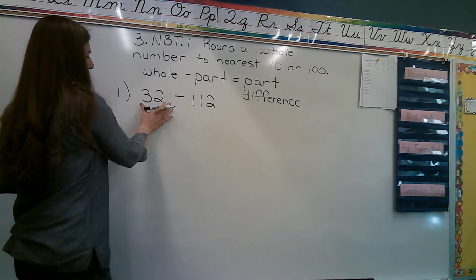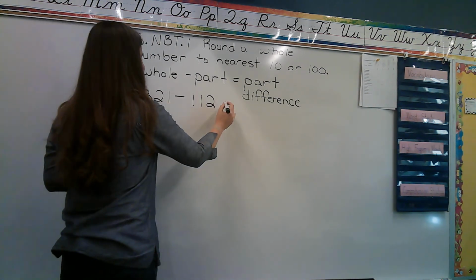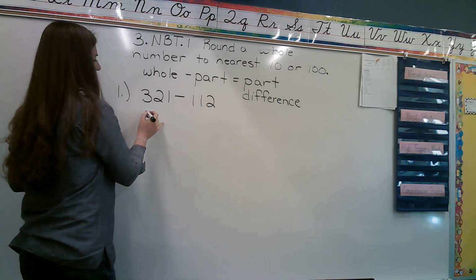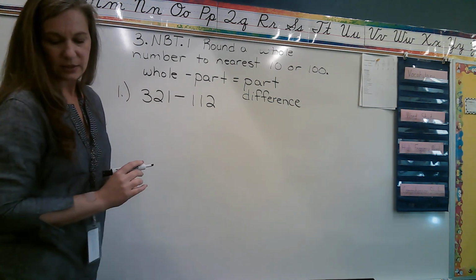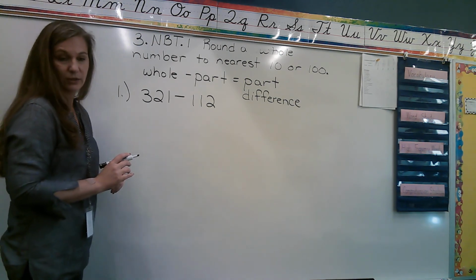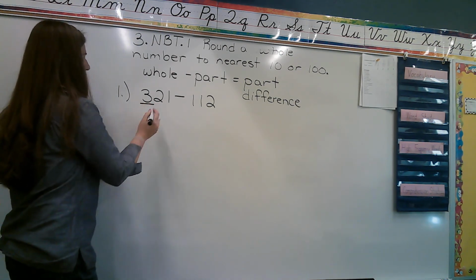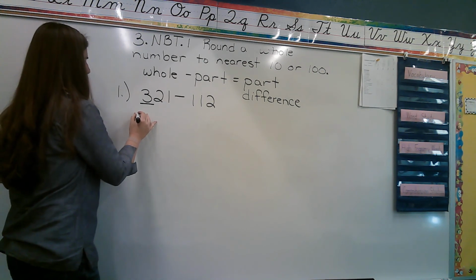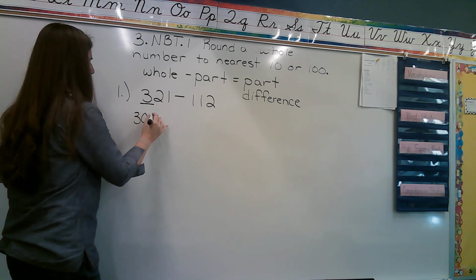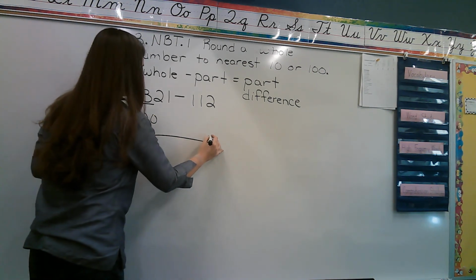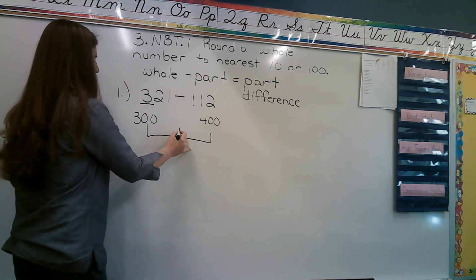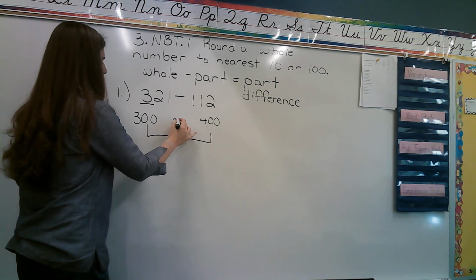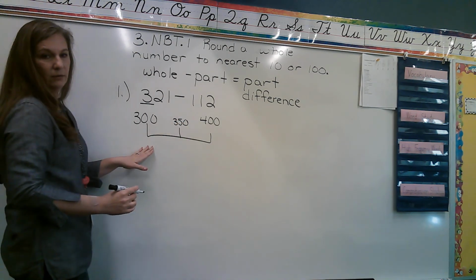So if I were to round 321 to the nearest 100, because that's what it asks us to do in the directions for 1 and 2, we look at the hundreds place, we see that it's going to be between 300 and the next 100, which is going to be 400, and we know that 350 is in our middle.